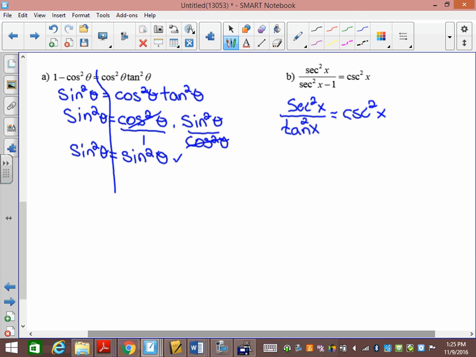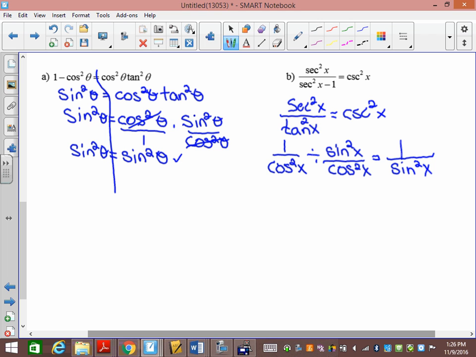So secant squared x is 1 over cos squared x, divided by tan squared x. But instead of writing tan squared x here, I'm going to write sine squared x over cos squared x, because that's what tan is. And I still am left with cosecant, or I could write it as 1 over sine squared x if I wanted to, because that is what cosecant squared x is.